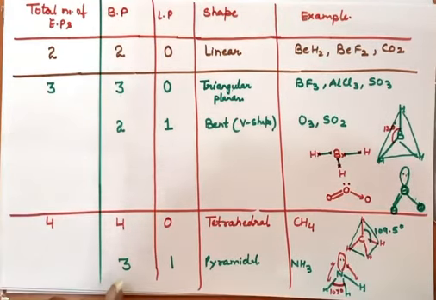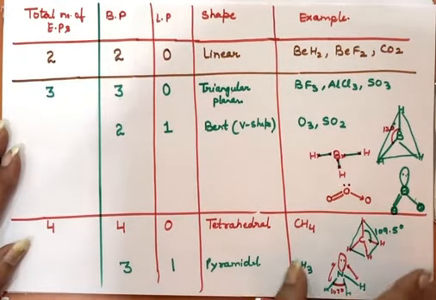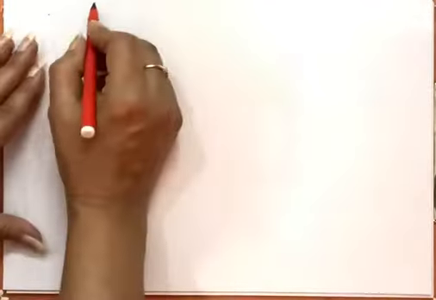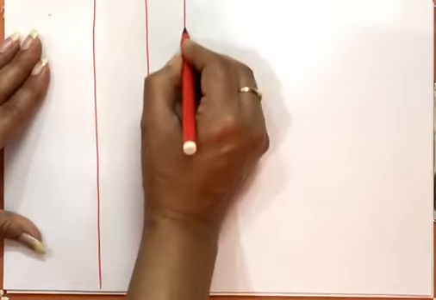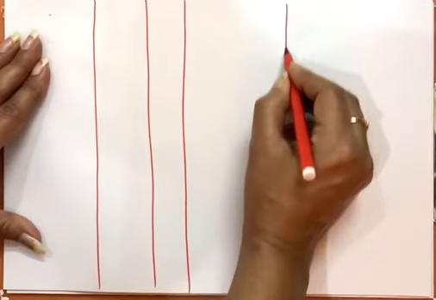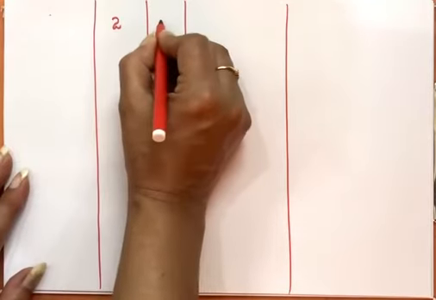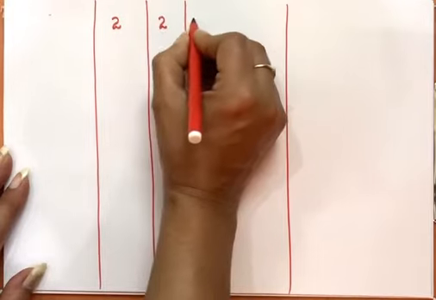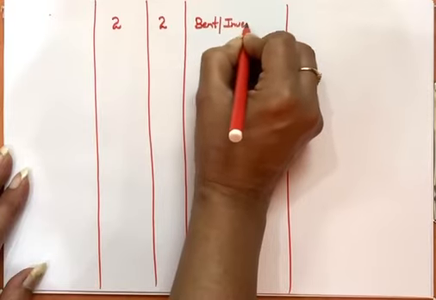But now one more possibility we have here, when 4 electron pairs are there, that 2 can be bond pairs and 2 can be lone pairs in this case. 2 bond pair and 2 lone pairs can be there. In 4 electron pairs, 2 bond pair, and if 2 lone pairs are there, then also the shape is bent, or this is called inverted V shape.